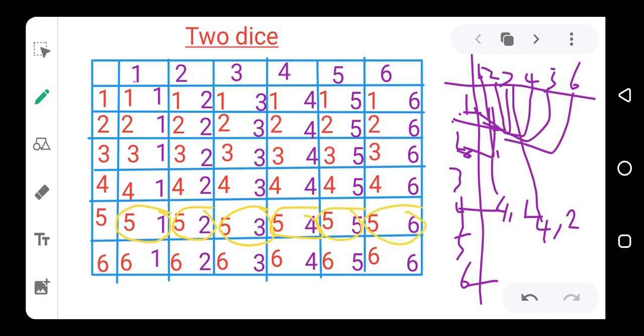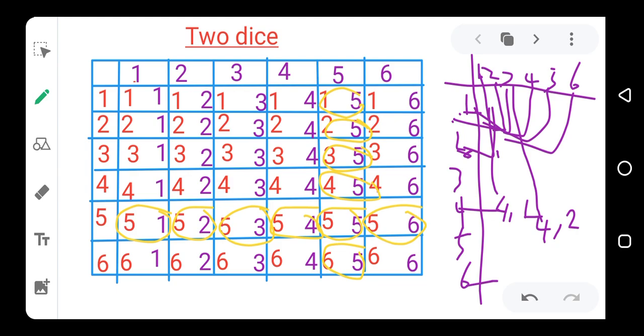Then we come to this side. We have 5 here. We have 1, 6, 7, 8, 9, 10. We've counted this one. Then 11. So we have 11 outcomes that have 5 in them.